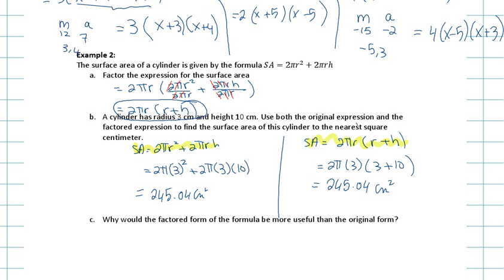Okay, so for this lesson the main thing was you always have to ask yourself if you have a greatest common factor. If you do, and you factor it out, then you either do difference of squares, or you do sum and product and factor the leftover numbers.